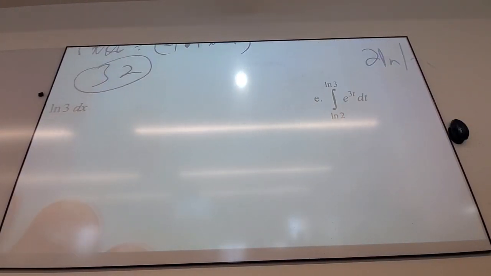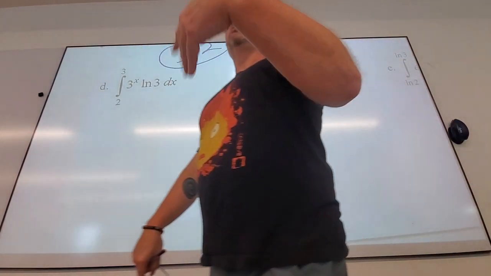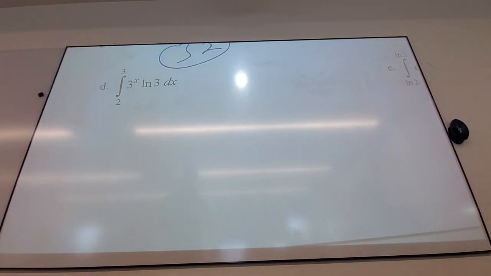Okay. Now this one is a practice in understanding when you don't have that much work to do. This is the direct derivative of something, which means I know the antiderivative. Where did 3 to the x natural log of 3 come from? 3 to the x. The derivative of 3 to the x is 3 to the x natural log of 3.